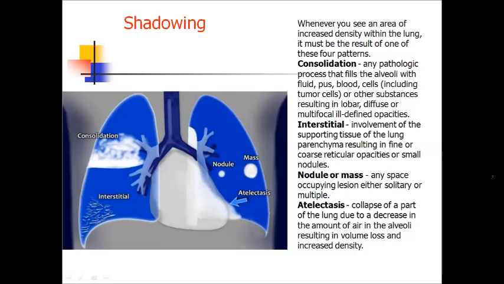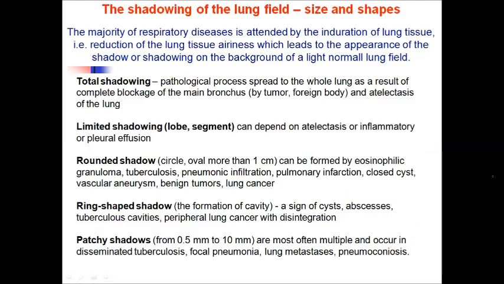Third, nodule or mass, any space-occupying lesion where normal lung tissue is substituted by something else, for example, by a tumor mass. And at last, atelectasis, collapse of part of the lungs due to a decrease in the amount of air in the alveoli, resulting in volume loss and increased density of some part of the lungs.